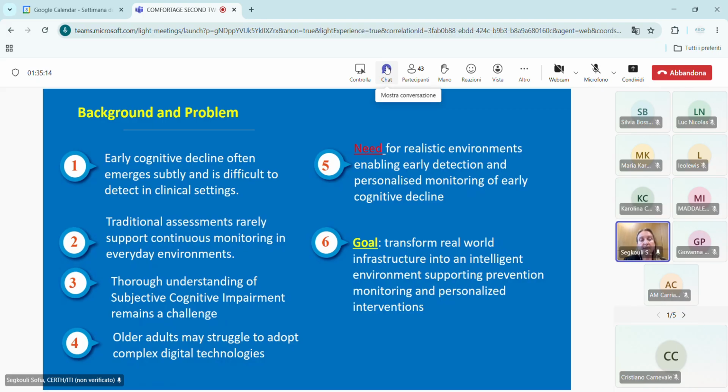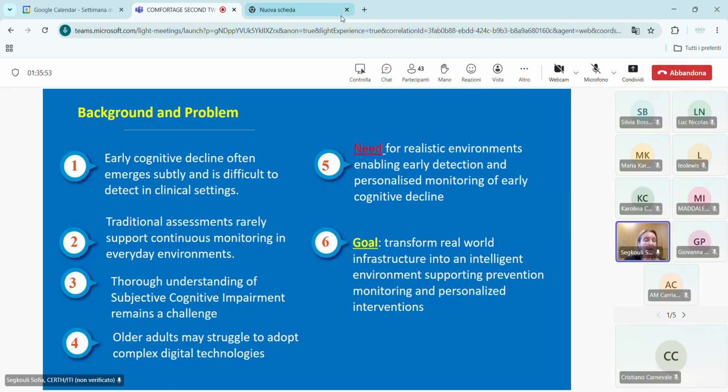Although this group is heterogeneous, some individuals may represent the earliest stage of Alzheimer's, and this was a very important point in our pilot. Because these early changes are subtle and difficult to identify in clinical practice, there is a strong need for innovative approaches combined with a realistic environment for the early detection of the disease.